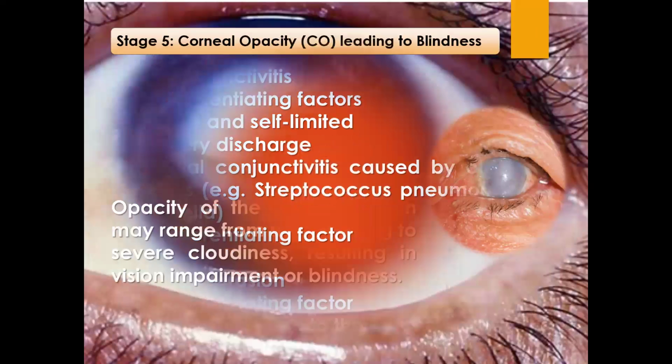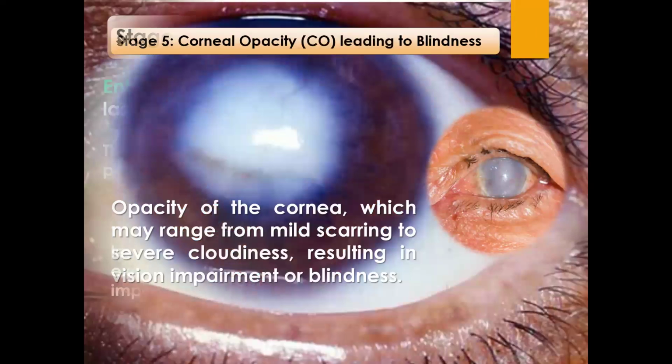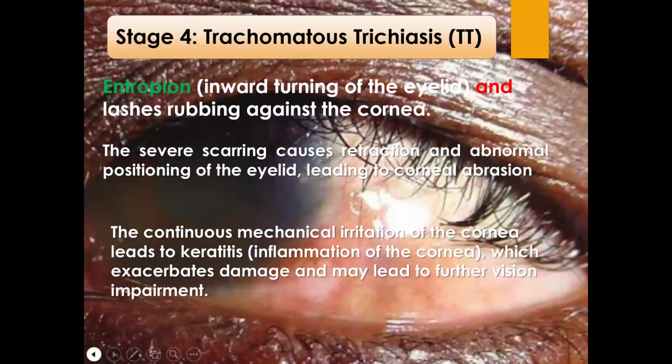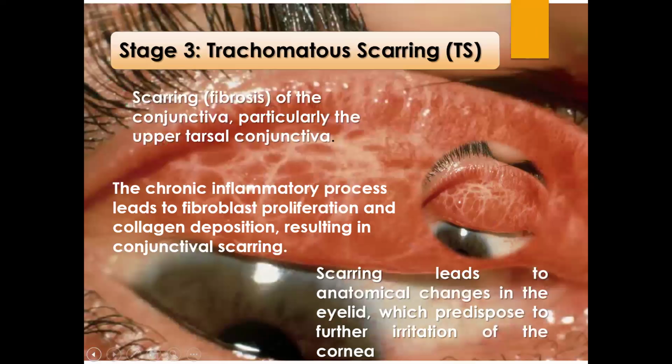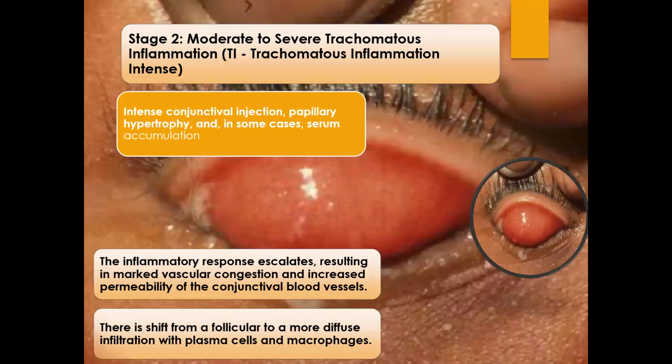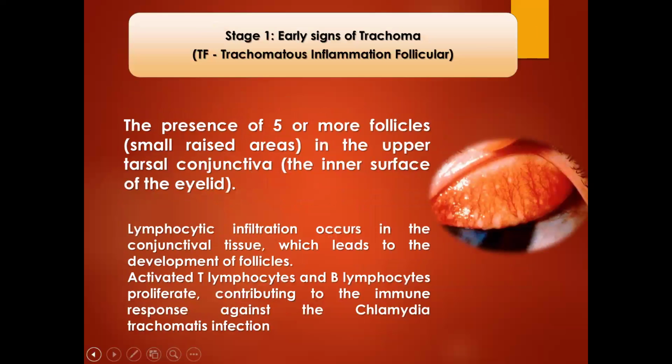So in this section, we looked at how trachoma occurs, the pathophysiological process, from the first stage known as the early sign of trachoma, or trachomatous inflammation follicular, where there is follicle formation.